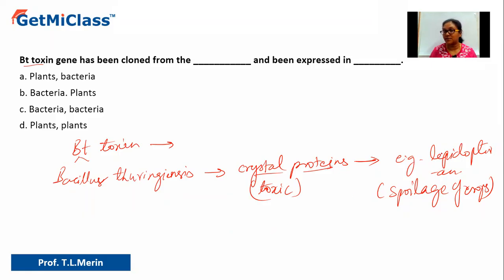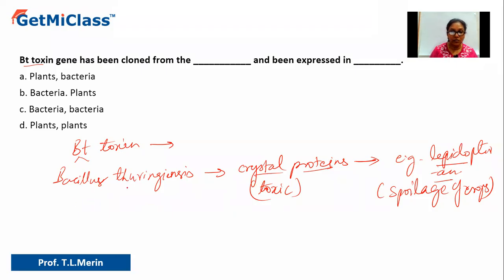When these insects feed on the plants, they will ingest the toxic proteins, and when the lepidopteran feeds on it, it will die. It may not harm the plant, but it will harm the insect which feeds on it. And that is how we can make an insect resistant plant.